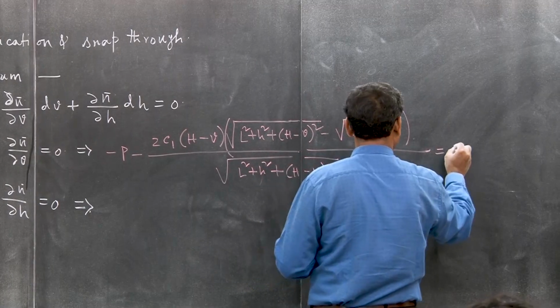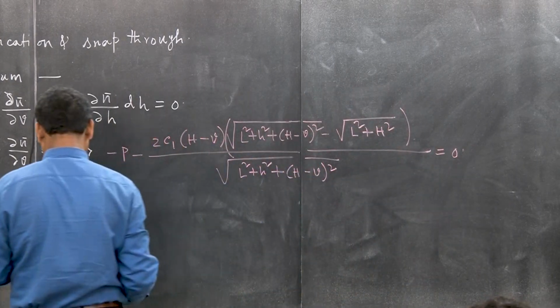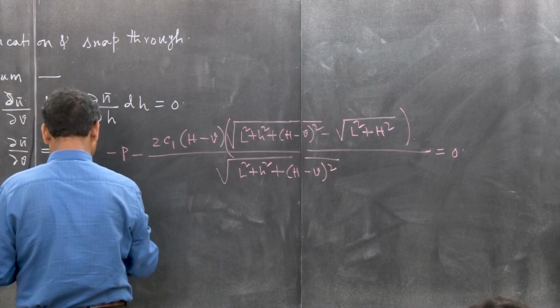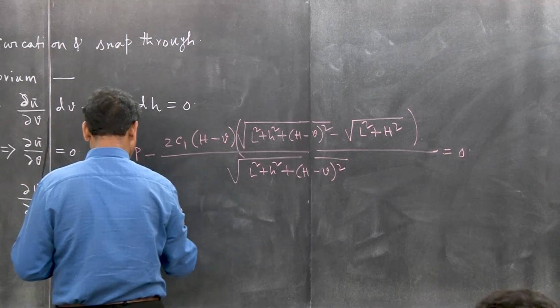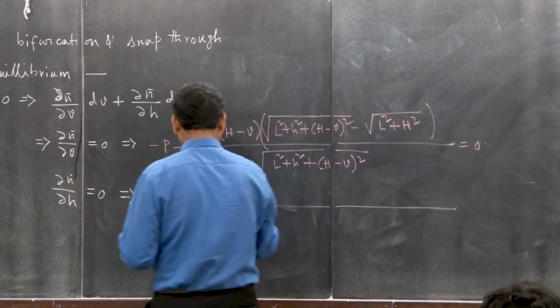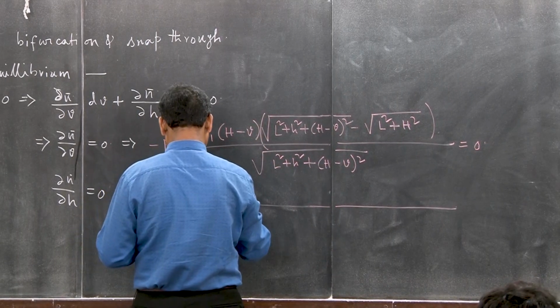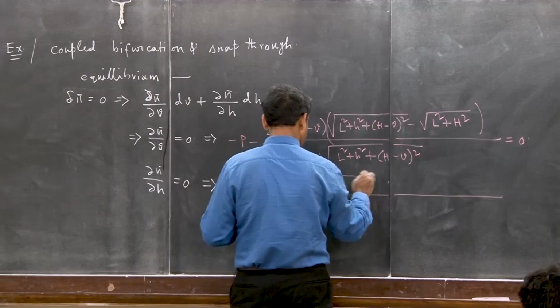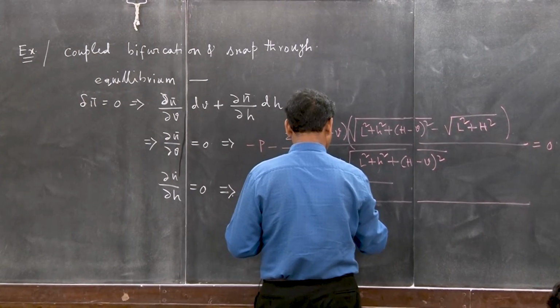This must be equal to 0, and for the other one basically you will get C2H plus 2C1H root L square plus H.